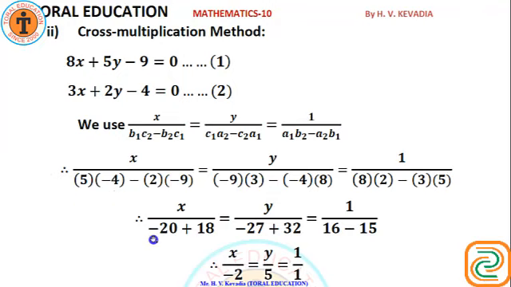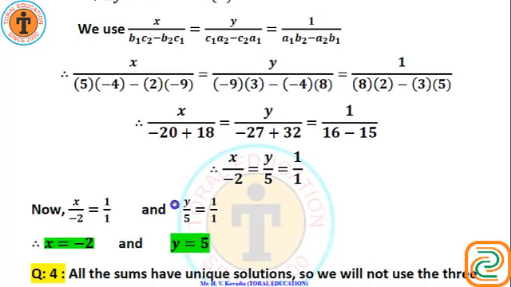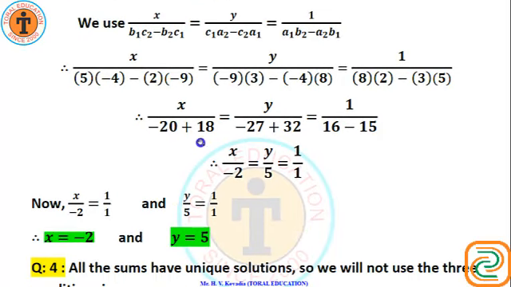5 into minus 4 is minus 20, minus 2 into minus 9 equals plus 18. Minus 9 into 3 is minus 27, plus 4 8s are 32. Here 8 into 2 is 16, 3 into 5 is minus 15. Now we have minus 20 plus 18, that is minus 2, minus 27 plus 32, that is 5, and 1 upon 16 minus 15, 1.